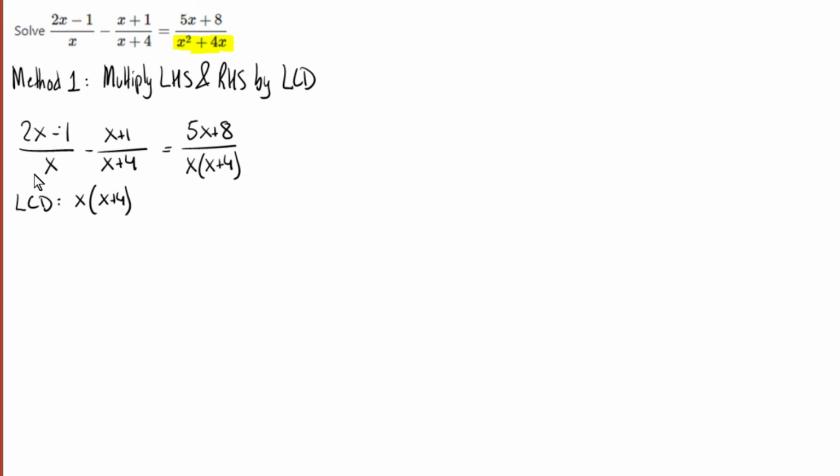So let's start by multiplying the leftmost term by the LCD times 2x minus 1 over x. We multiply the second term by the LCD.